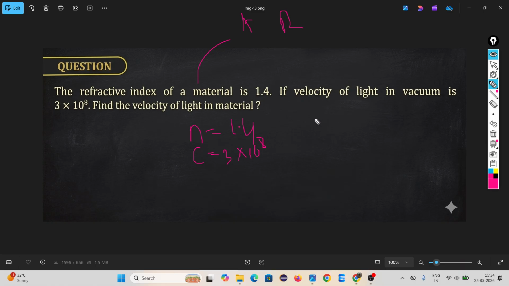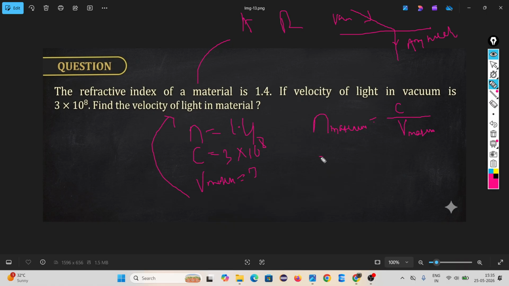Absolute. So the formula becomes, this is the vacuum and this is any medium. We always find refractive index this way: n of a material equals c upon v of a material, where v of a material means the velocity of light in the material.